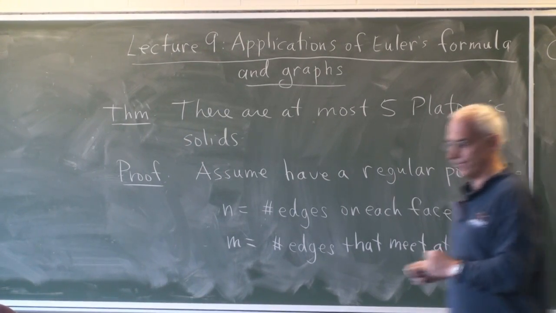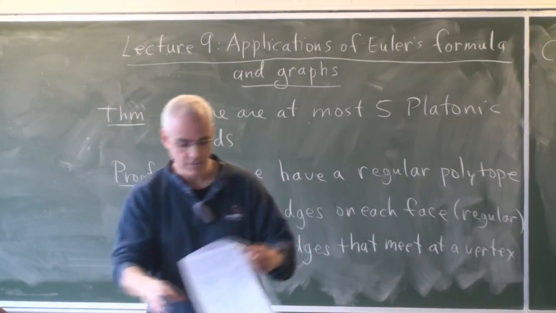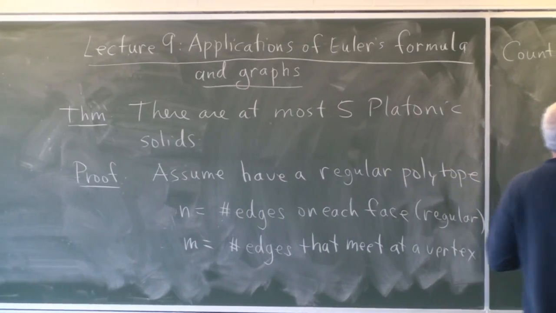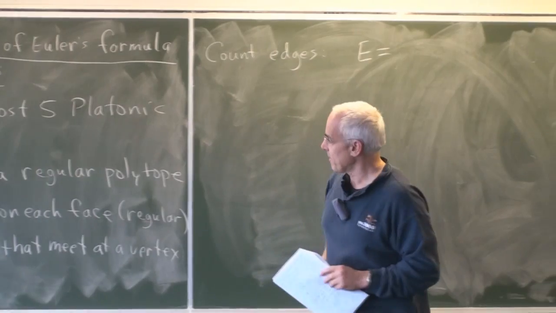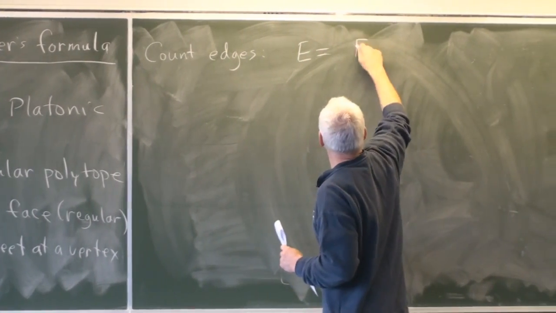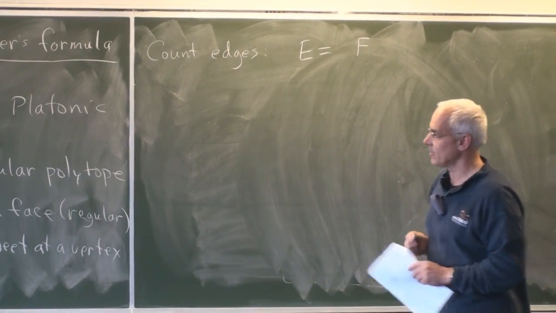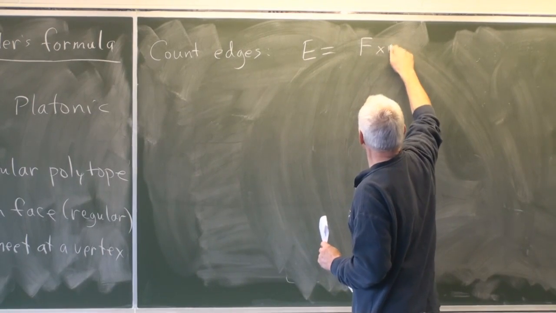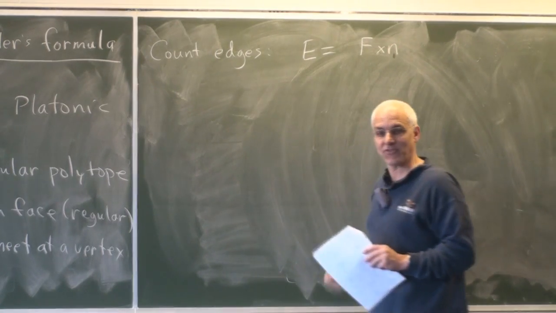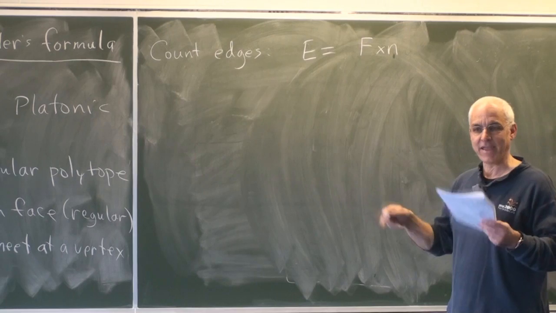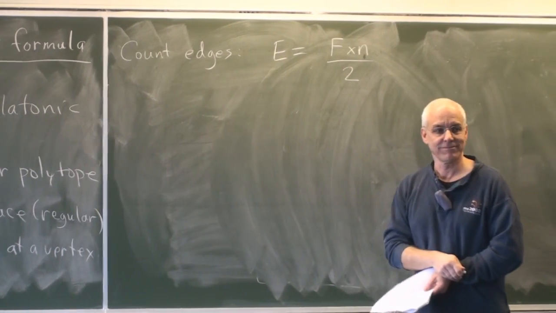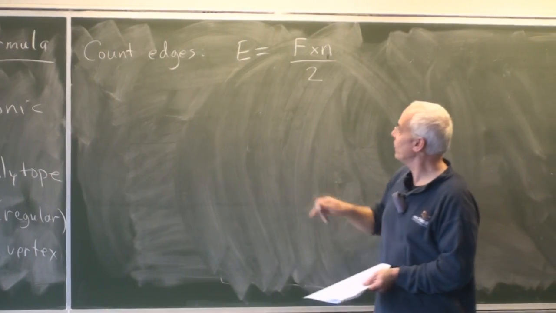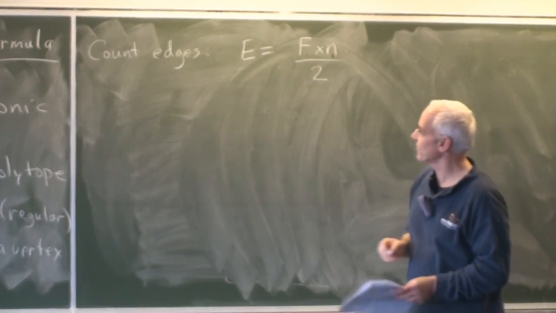So we'll say that the number of edges is the number of faces, which is f, times n, because there are n edges per face. And that counts each of the edges twice, so we have to divide by 2. So we're counting edges in terms of faces.